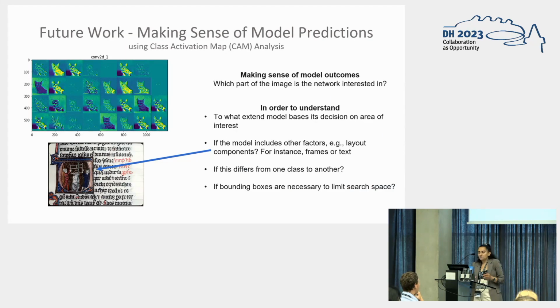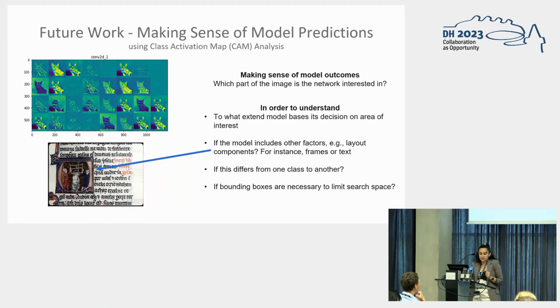We also believe it will be valuable to analyze our model's decision-making by, for instance, visualizing activation layers. This way we can see if our model includes components outside our area of interest when classifying an image.